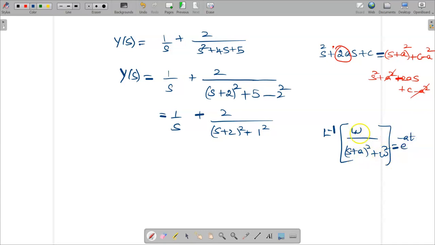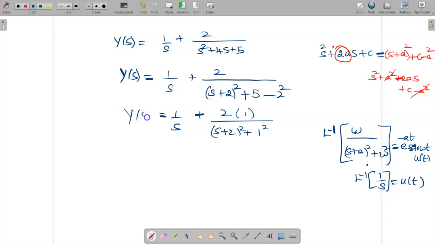Here and here you should have the same term. So you have the Laplace inverse formula like this. When you compare this and this, here omega value is nothing but 1, and a value is 2. So using this formula I can take inverse Laplace properly. Similarly, L inverse of 1 by s is u of t.